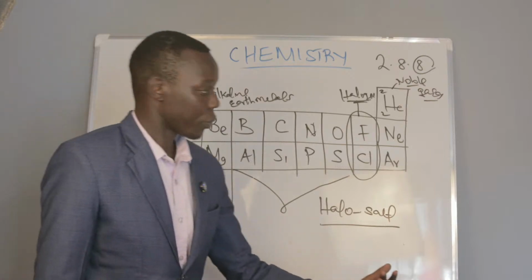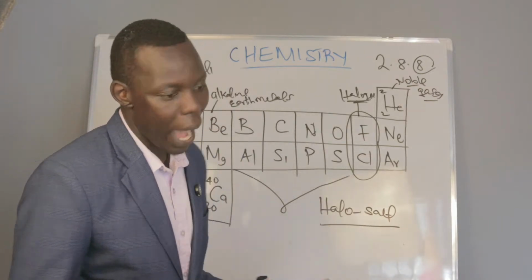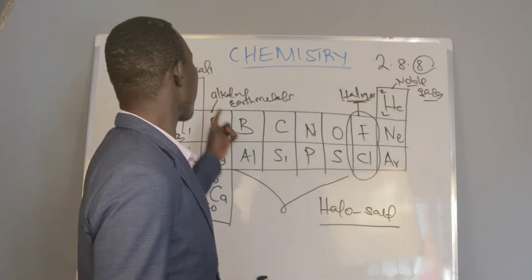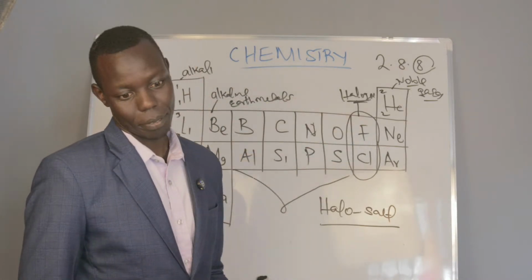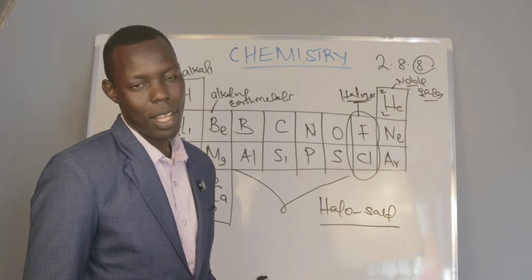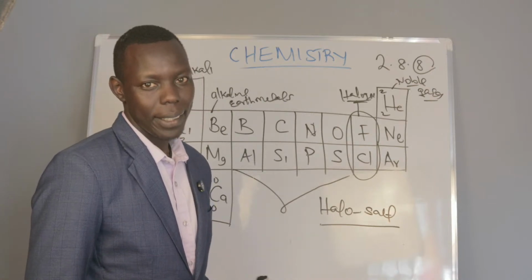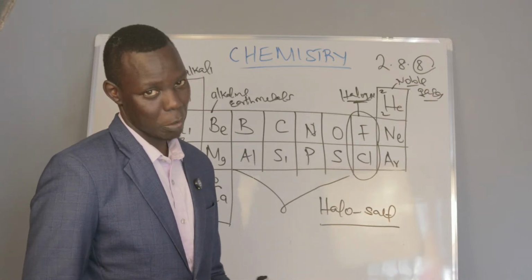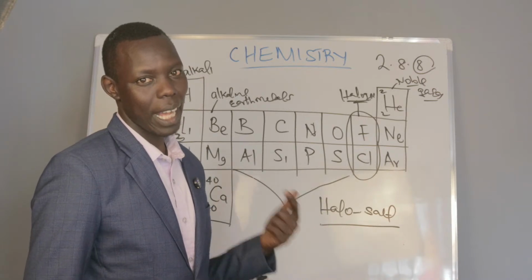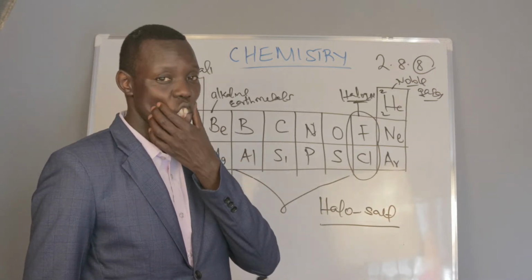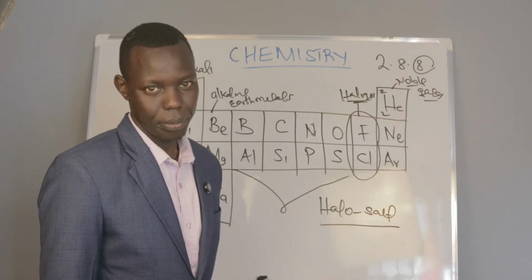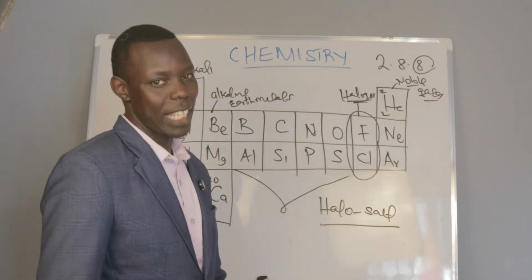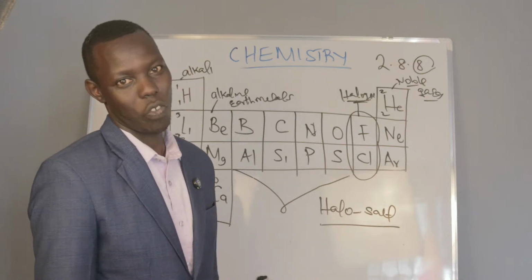My second question: tell me another member that is found in 2 groups. Give me another element that is found in 2 groups, giving reason for each one of them.